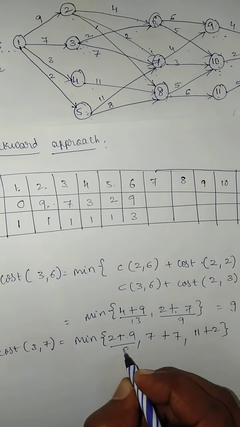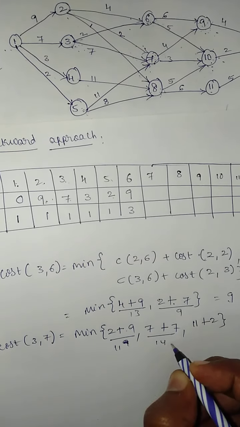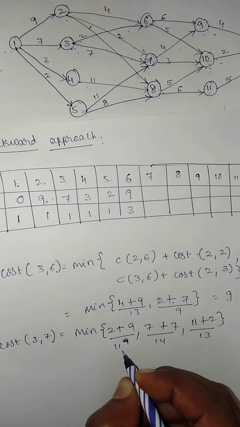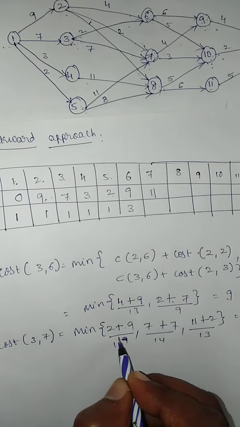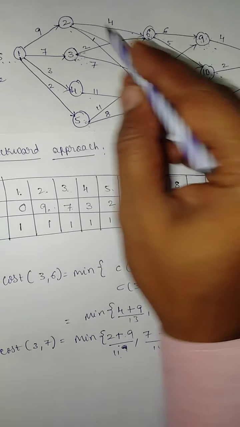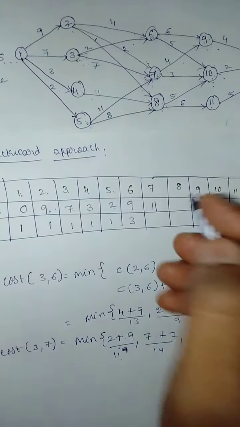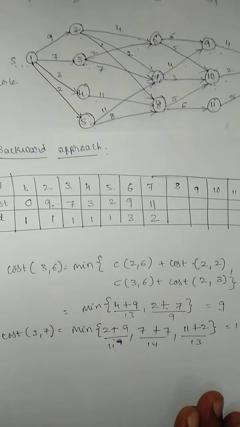So this is 11, 14 and 13. Minimum is 11. So I will write 11 here. And which vertex has given me 11? It is vertex 2 in the previous stage. Therefore I will write vertex 2 here. Okay, that's it.